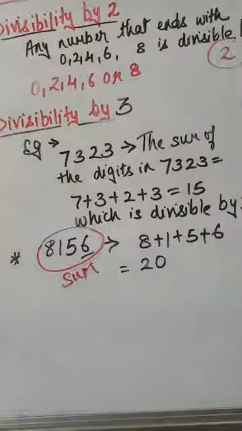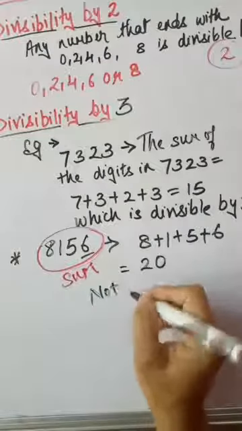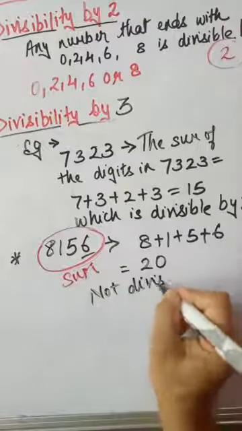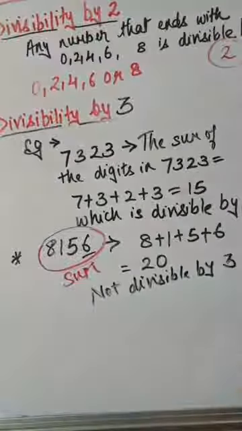Yes, right, 20 is the answer. Now tell me whether it is divisible by 3 or not. Yes, it is not divisible by 3. Very good. You have to write this: not divisible by 3.